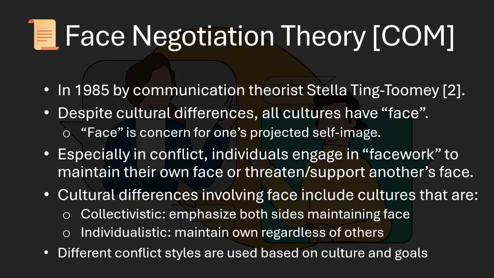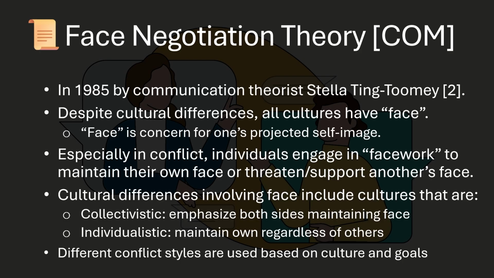Now, I want you to remember that this theory focuses most on conflict and, by extension, negotiation. Not only will you find that this theory applies pretty directly to intercultural conflict and negotiation in business, but there's actually a lot of research that applies this theory to intercultural and international business negotiation, if that's something you're interested in learning more about. But anyways, because people care about their face, they engage in what's called face work.